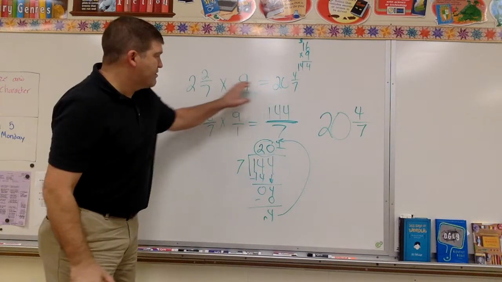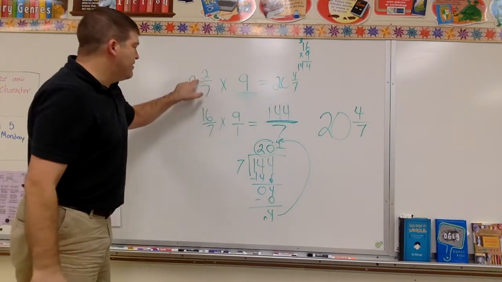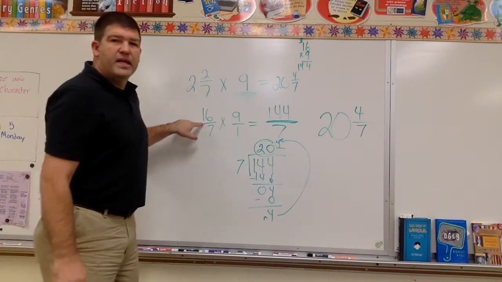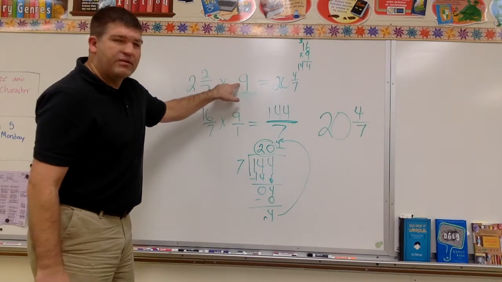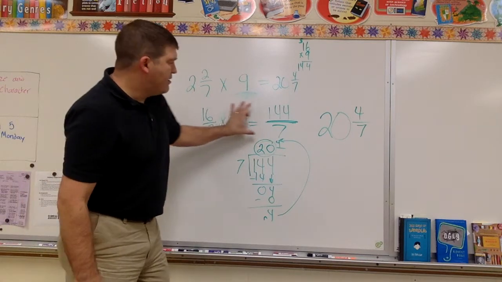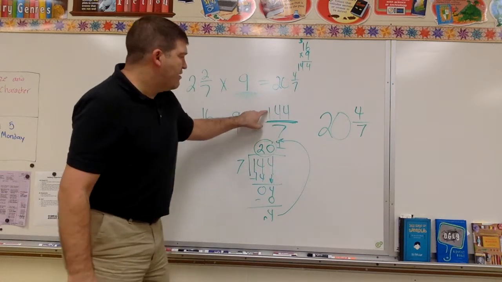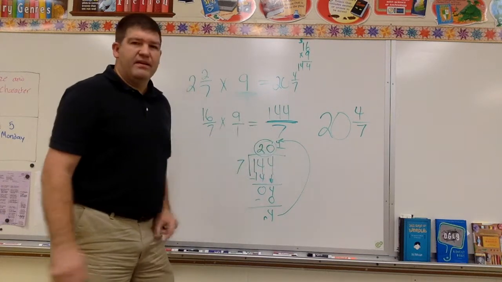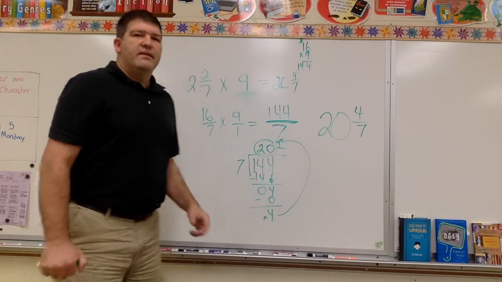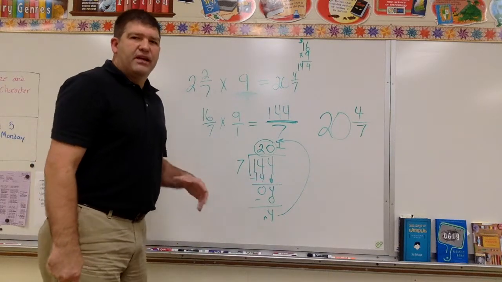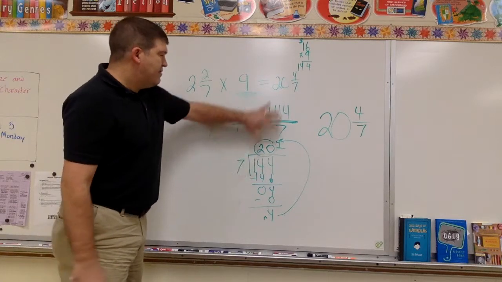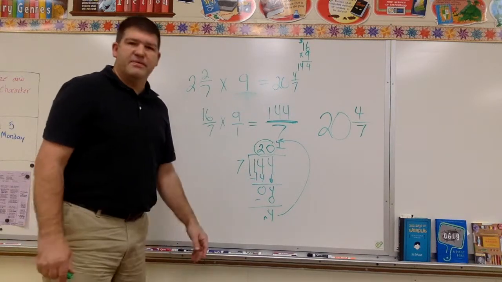But I couldn't just go across like this. I had to convert this, change this to be an improper. I made this whole number into a fraction, multiplied across, and I did 144 divided by 7. Okay? I want you to do this really carefully. I'm seeing some mistakes happening in this type of stuff.